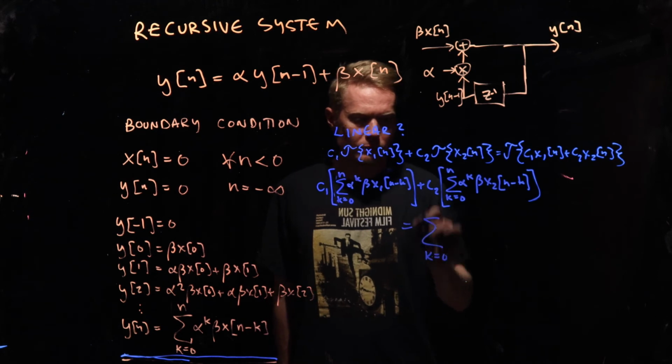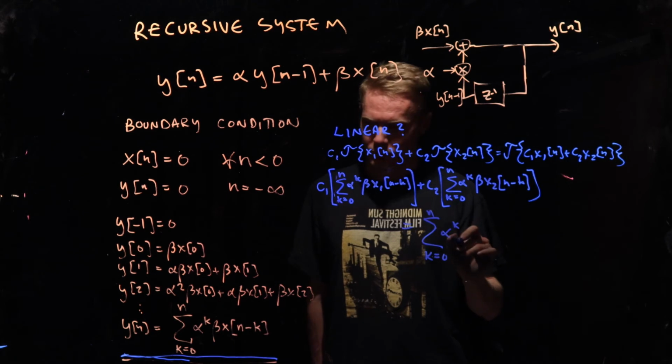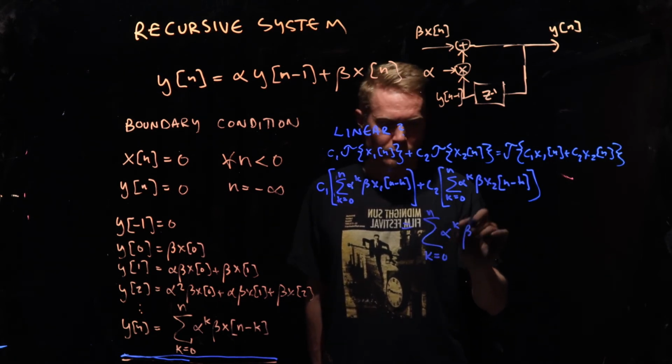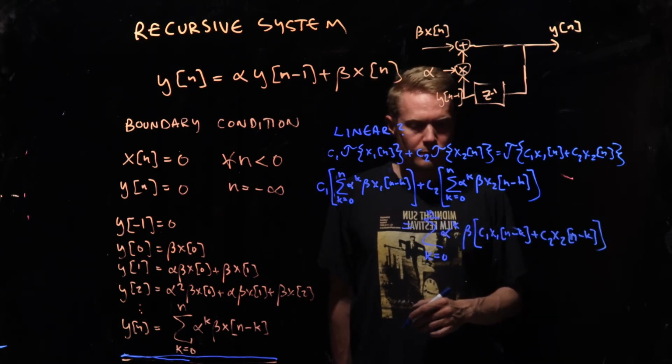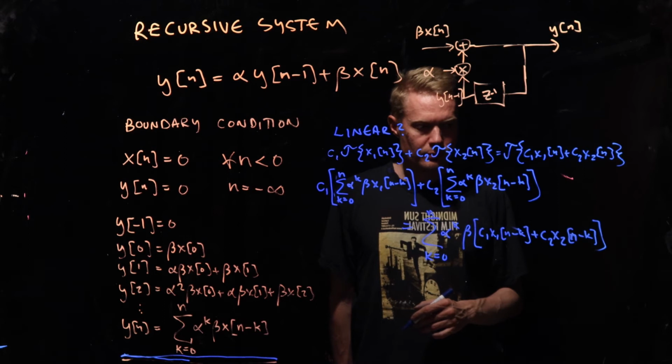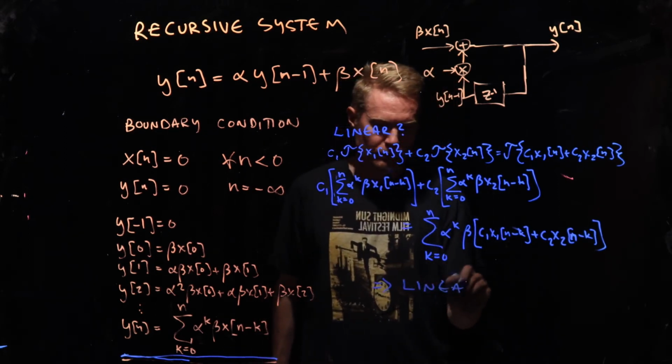Okay, and now the right hand side, the system fed with the linear combination of inputs. Again, using the closed form solution, we can see that the left hand side and the right hand side are equal, which means that this system is linear.